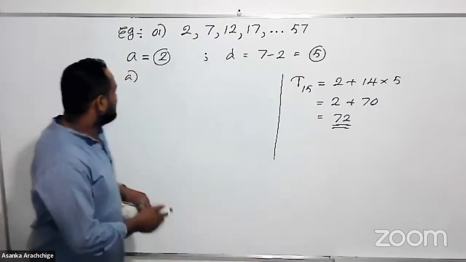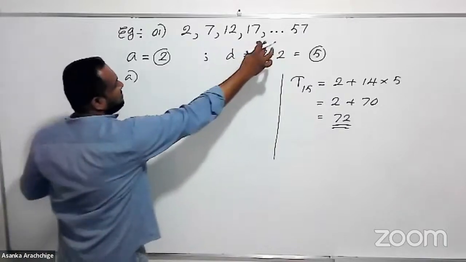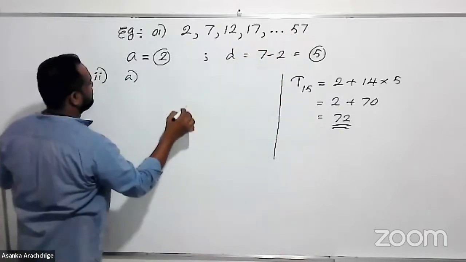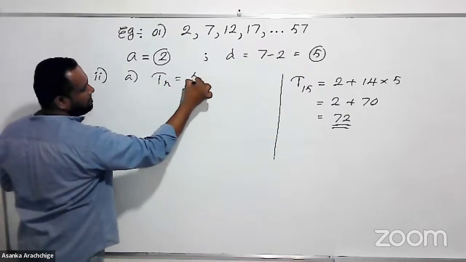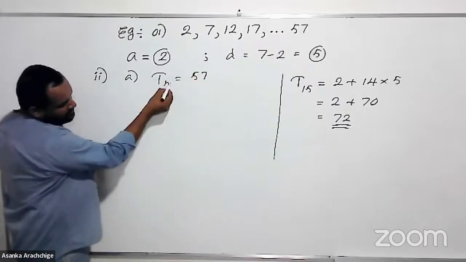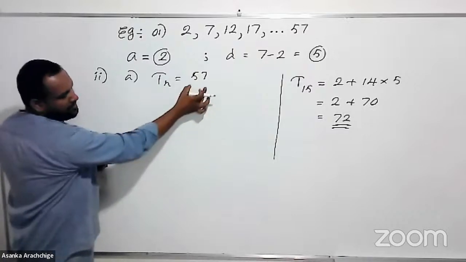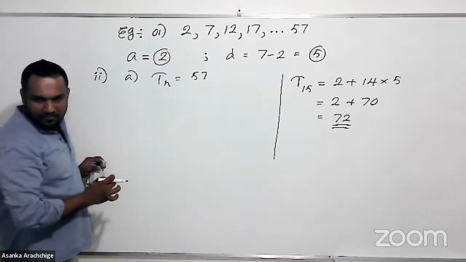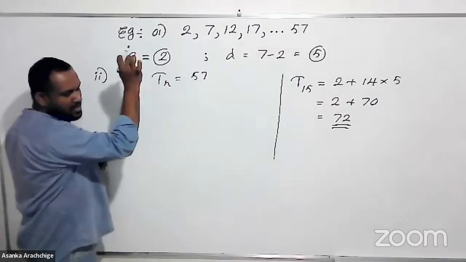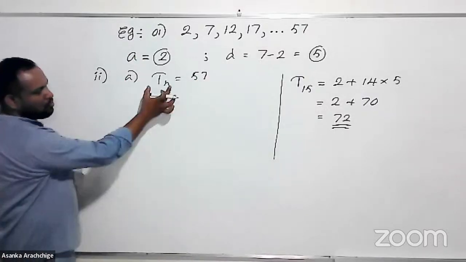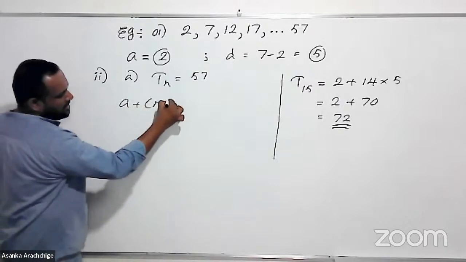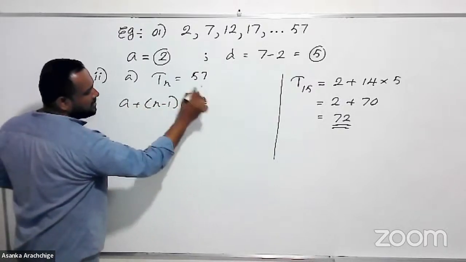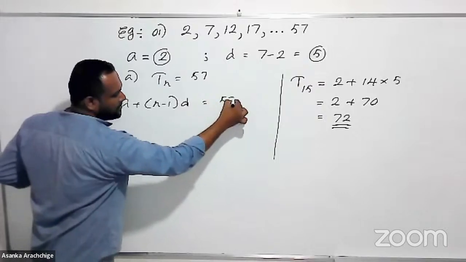Okay. Then Tn, we take this one as Tn. Tn is 57. We have to find the value of n when Tn is 57. What is Tn? a plus n minus 1 times d, and that is taken to be 57.